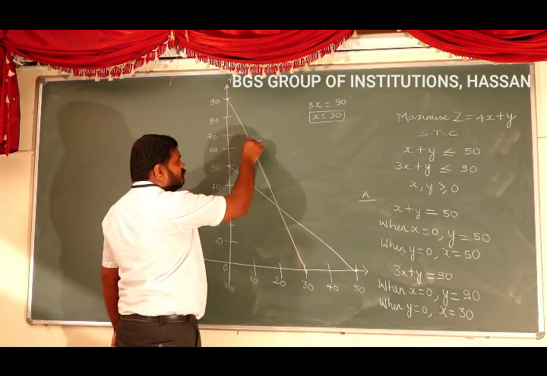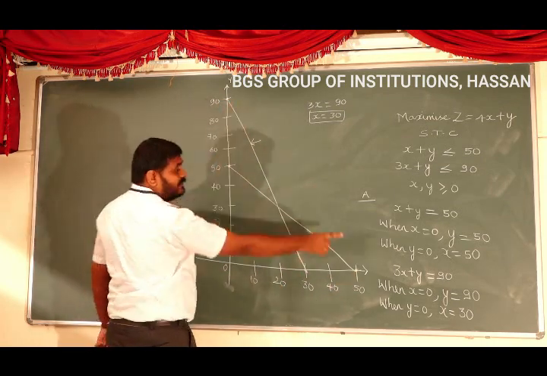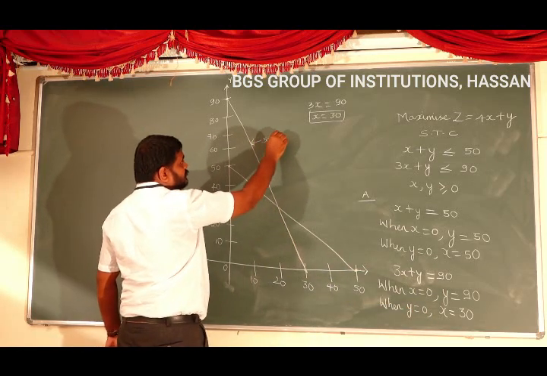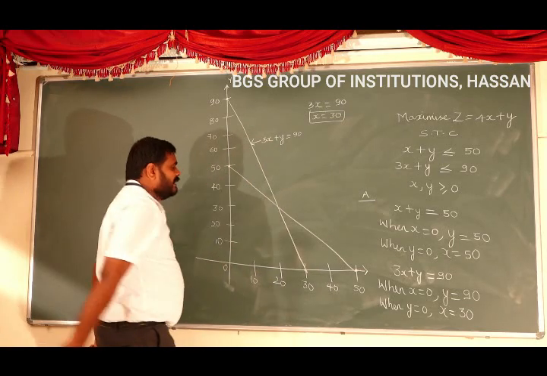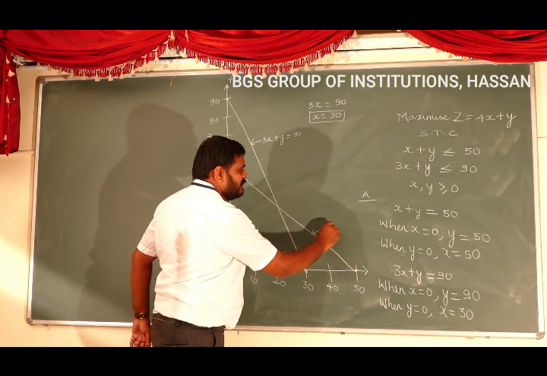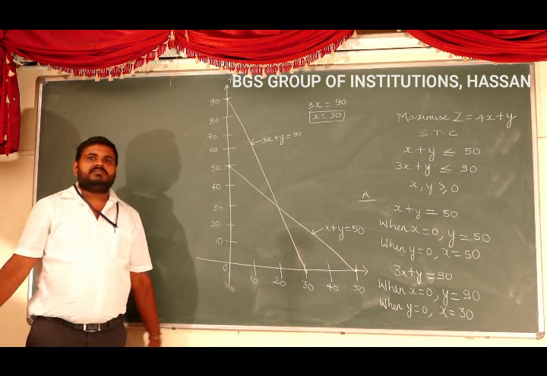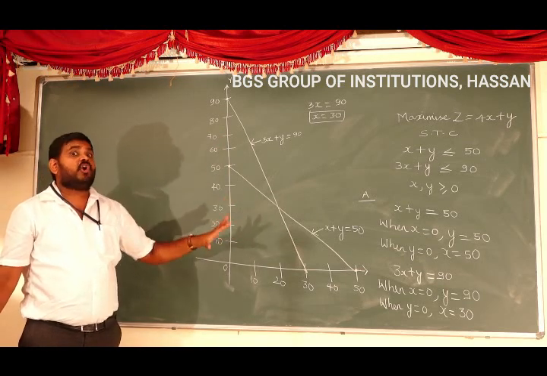The 30 to 90 line was because of the equation 3x plus y is equal to 90, and this line was because of the equation x plus y is equal to 50.